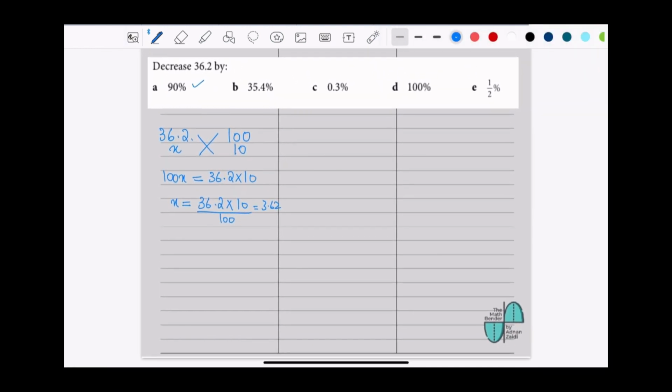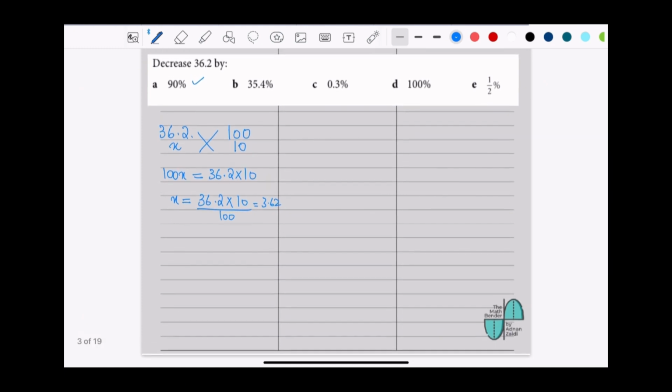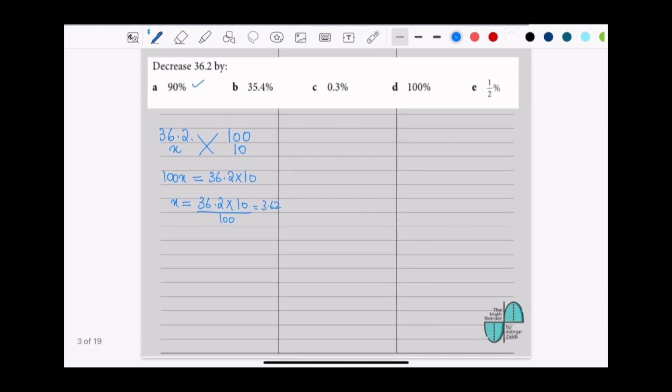Now, one more thing. Let's assume I would have rephrased a different question and said find the decrease. Not find the number after decrease, but find the decrease. The same question would have been like this then. 36.2 is 100%, and 90%. Since the decrease was of 90% and I'm asking you to find the decrease, it will give you the amount that is being decreased.